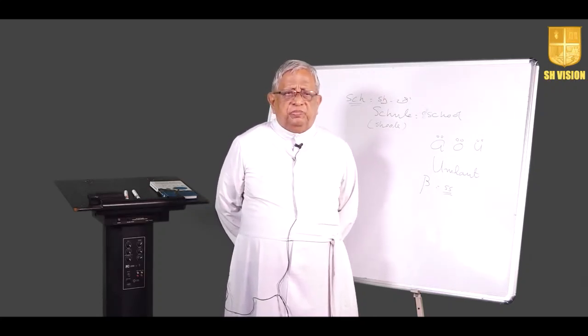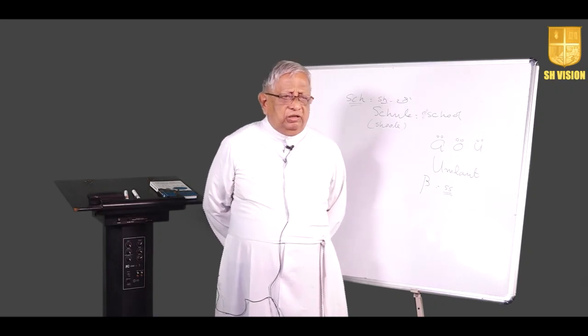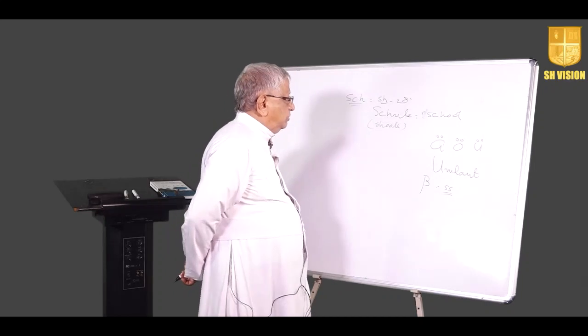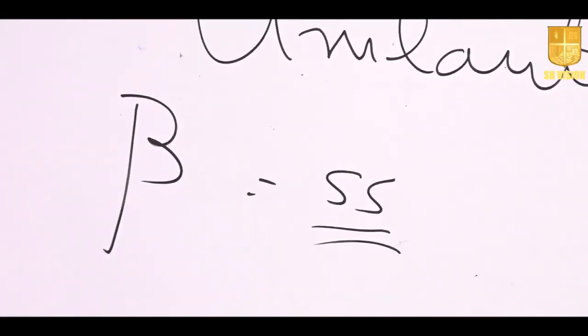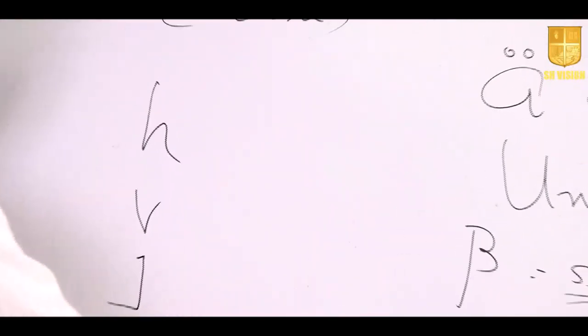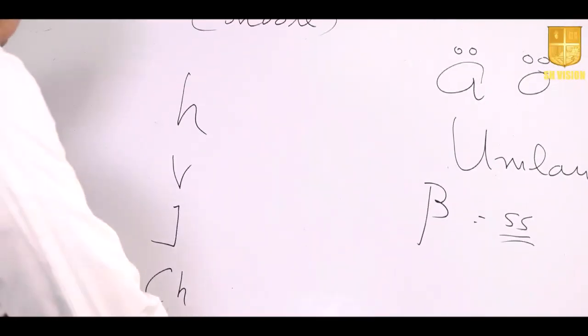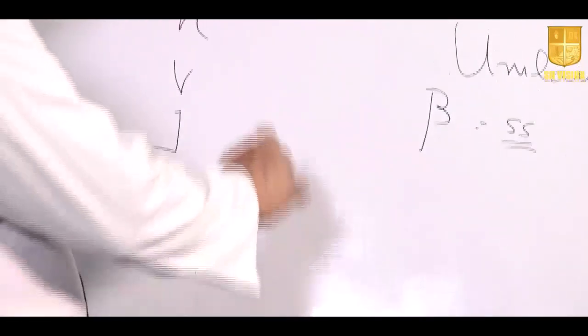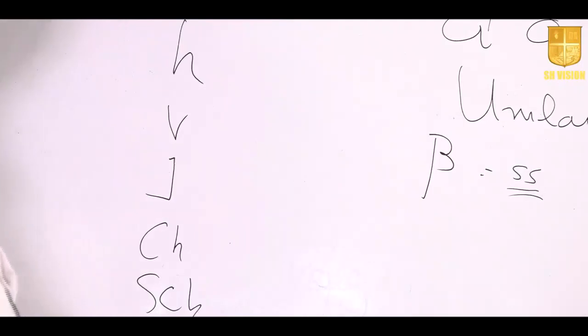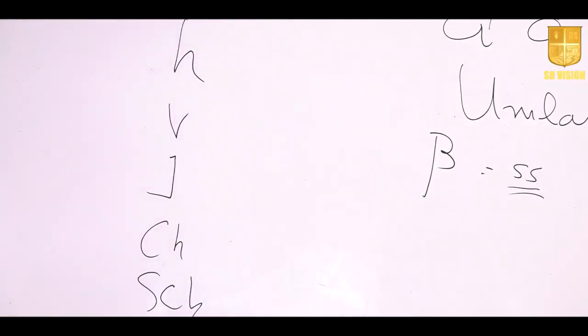I did not speak about the pronunciation of all the consonants, only the vowels. So remember, H is special, V is special, Ya is special, CH is special, SCH is special. If H comes in the beginning, pronounce it. If it is in the middle of a word, don't pronounce it.